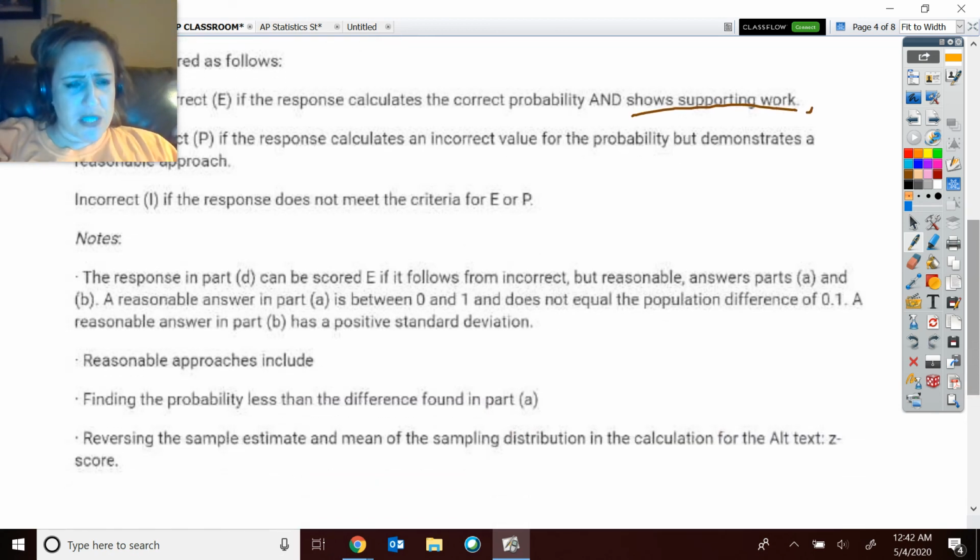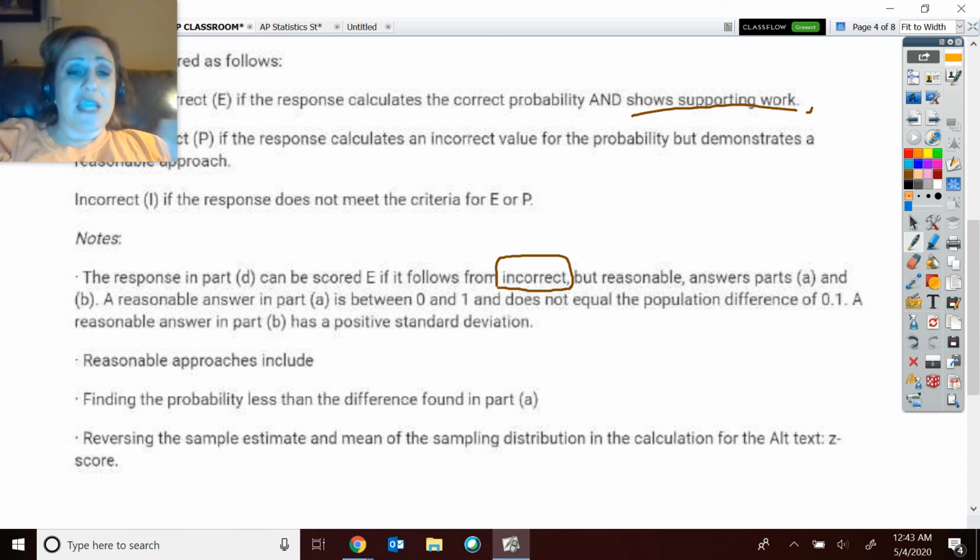Now let's take a look at what's going on here. The response in part D can be scored as E. Okay, let's see. Okay, so this is saying you can still get full credit for part D even if you used your wrong numbers from parts A and B, as long as those numbers from A and B were reasonable.